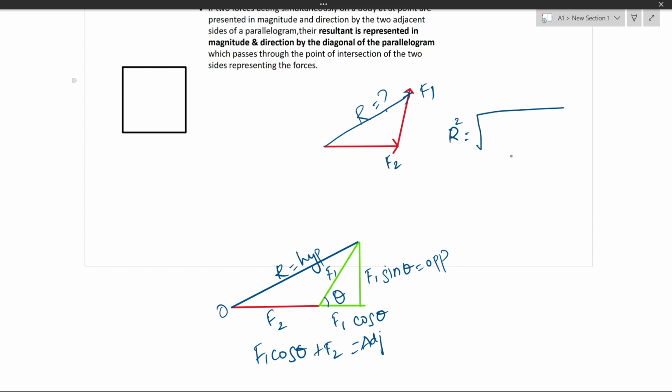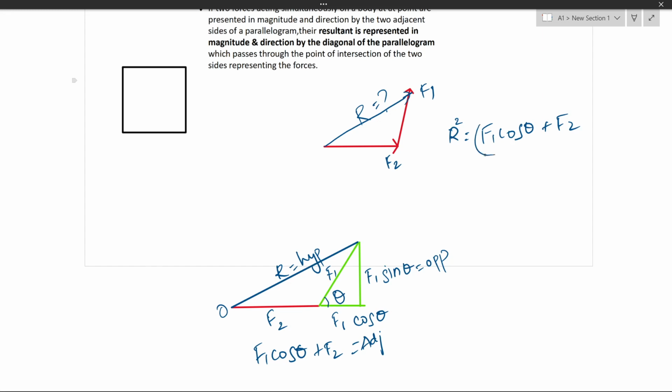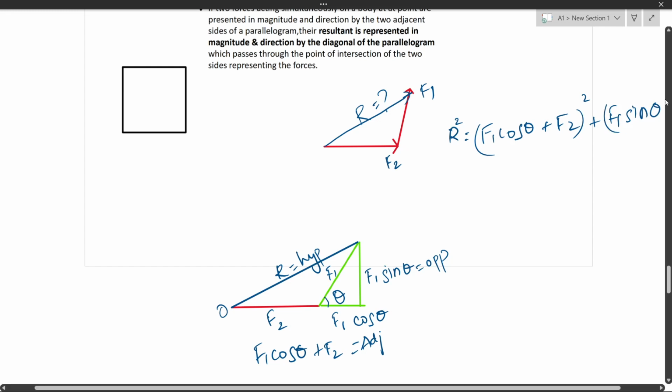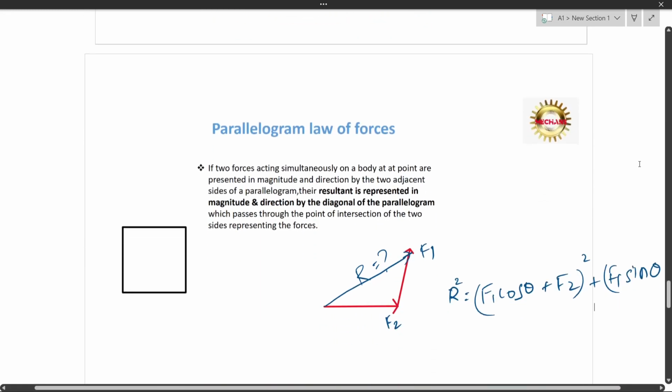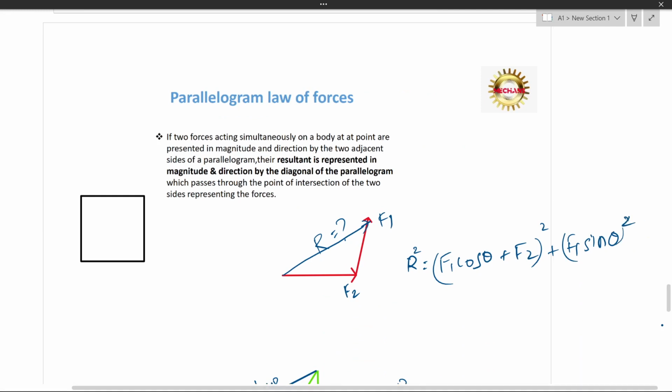the sum of squares of the other two sides, which is (F1 cos theta plus F2) squared plus (F1 sin theta) squared.